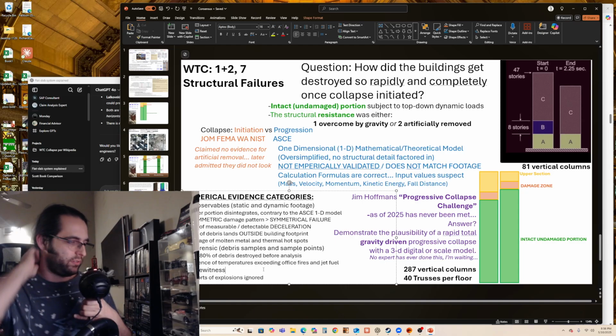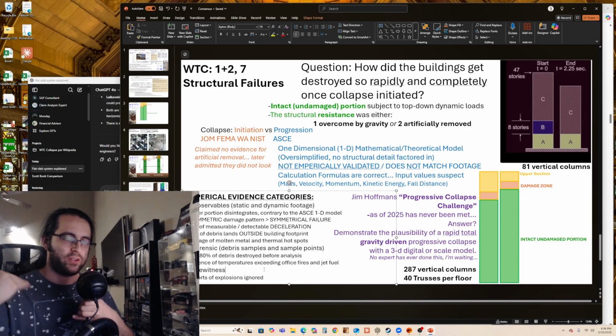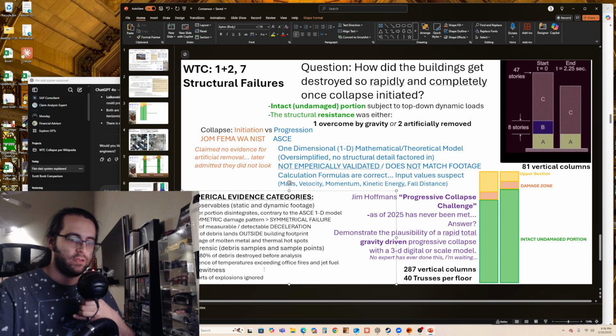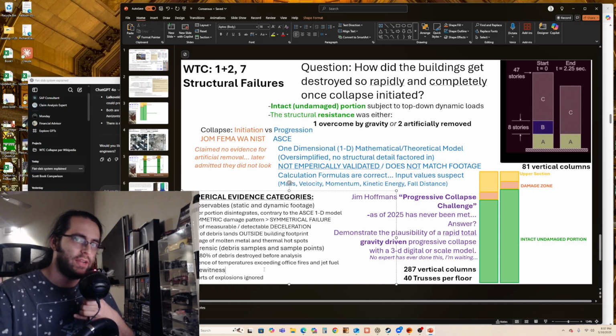And of course, this is getting into the more political side. Most of the debris was destroyed before it could be analyzed. It wasn't moved to a secure location, as is standard protocol for most disasters. And it wasn't to rescue survivors, because World Trade Center 7's debris pile had no victims in it, and it was removed first.